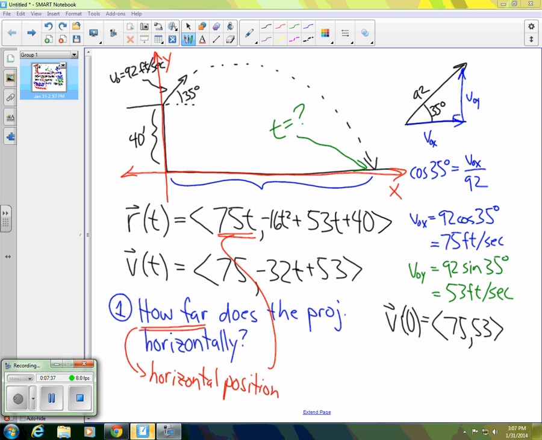So we need to know something to help us find the time. And what we know is that when it hits the ground, its vertical height is equal to 0. So this part here gives us the vertical position, and this equals 0 at this time.